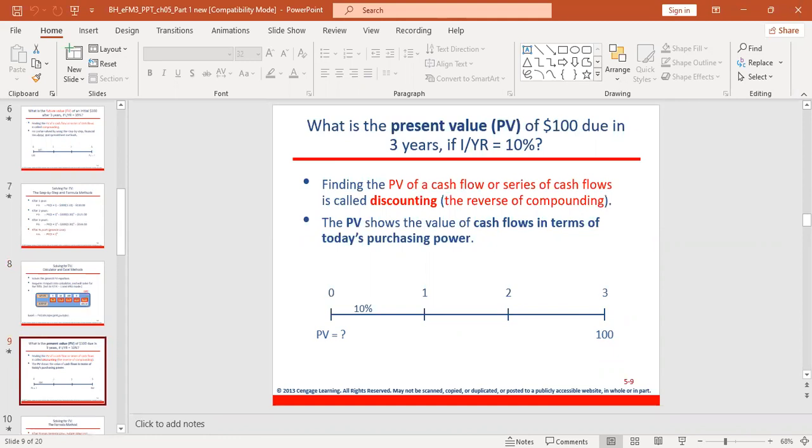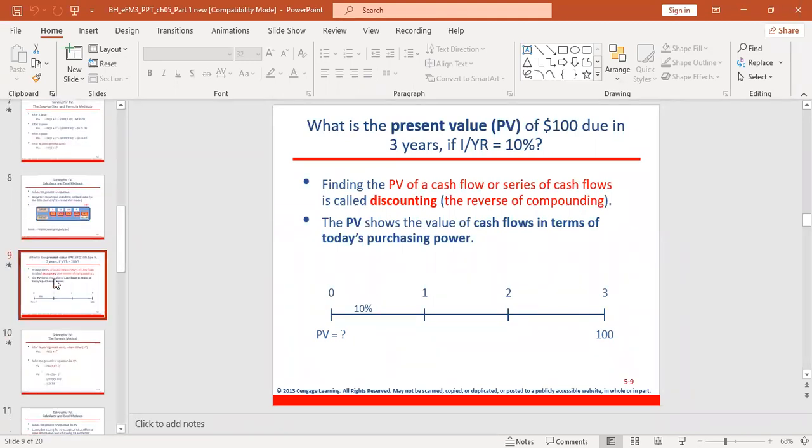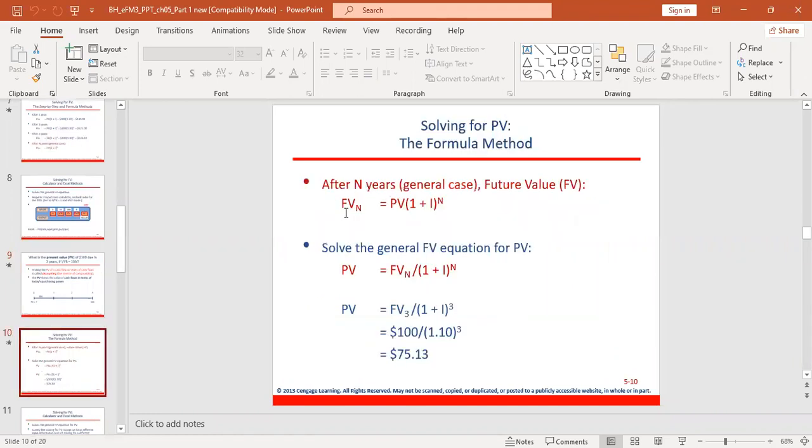So we can also solve this problem manually using an ordinary calculator. Now, look at this formula. You can still remember the future value formula. We can make PV the subject of the formula. If we rearrange this equation, we arrive at PV equals future value divided by (1 plus i) to the power N. So we have made PV the subject of the formula.